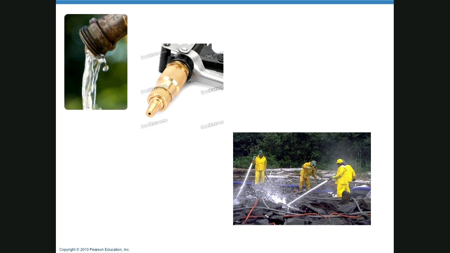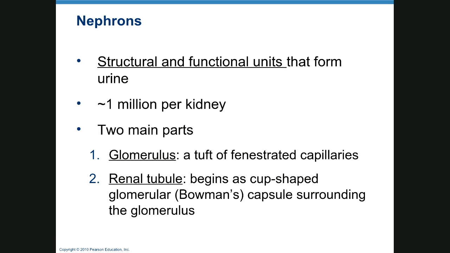Now, one more principle. When you have water flowing freely like this, it just has a nice big flow. If you narrow your tube, you end up with a much higher pressure flow. Those three things are necessary to understand how the kidney works.